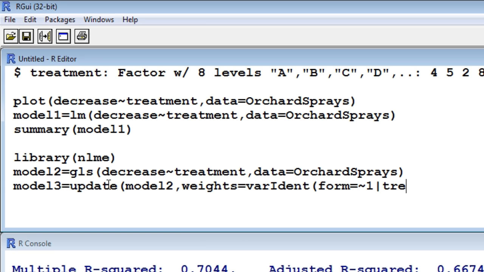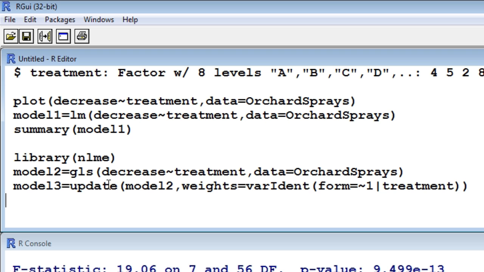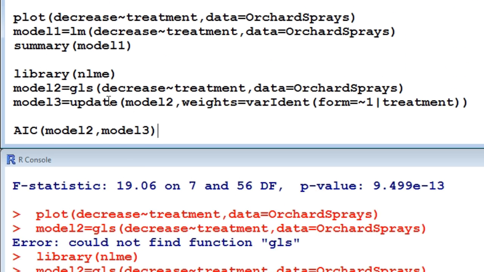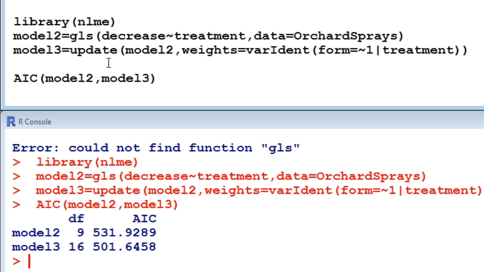We want to have the treatments here, obviously. Okay. And if we use just the AIC of model 2 and model 3, we can see that model 3 has the lower AIC value, indicating that indeed it's a better model.